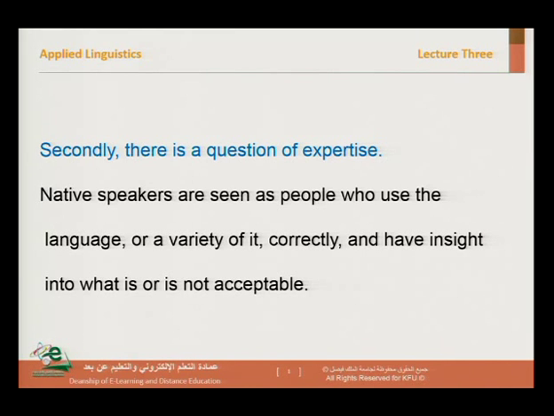So native speakers, as this definition suggests, can tell you what is acceptable and what is not, what is correct and what is not. These are the people who know how to say things in their language. Are they accepted in this context or not? They will be able to tell you about all of these issues.